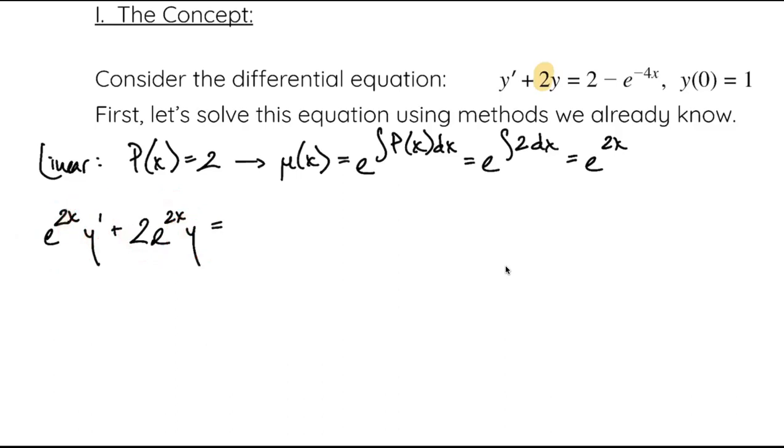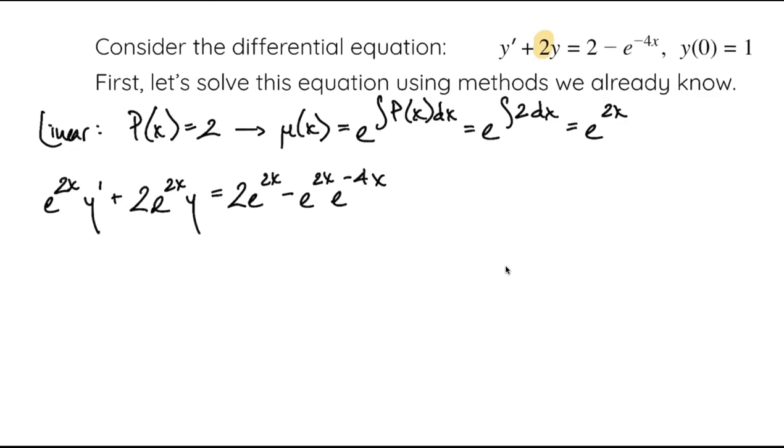And on the other side, we're going to multiply in our e to the 2x. We'll get 2e to the 2x minus e to the 2x times e to the negative 4x. Okay. Now, with these last two terms, because I am multiplying these, I'm going to go ahead and add the exponents. And because there's a built-in negative sign, I'll end up doing 2x minus 4x.